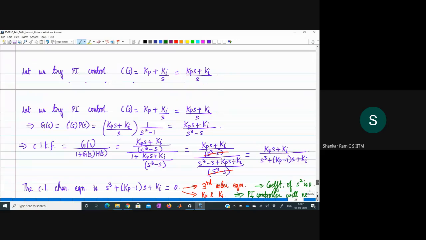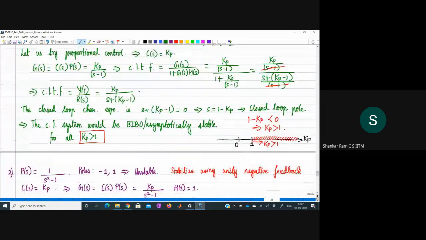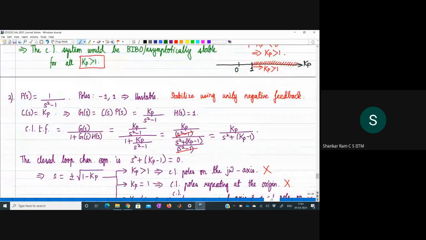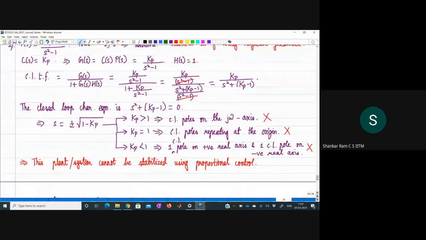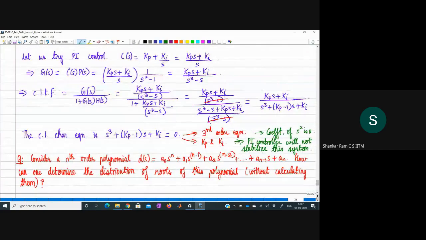Just to quickly recap what we were doing, we were looking at this problem, 1 by s squared minus 1. That was the plant transfer function. We were trying to stabilize it using unity negative feedback. We saw that using a proportional controller, it won't work out. So we tried out a PI controller, and with the PI controller we ended up with the closed loop characteristic equation.